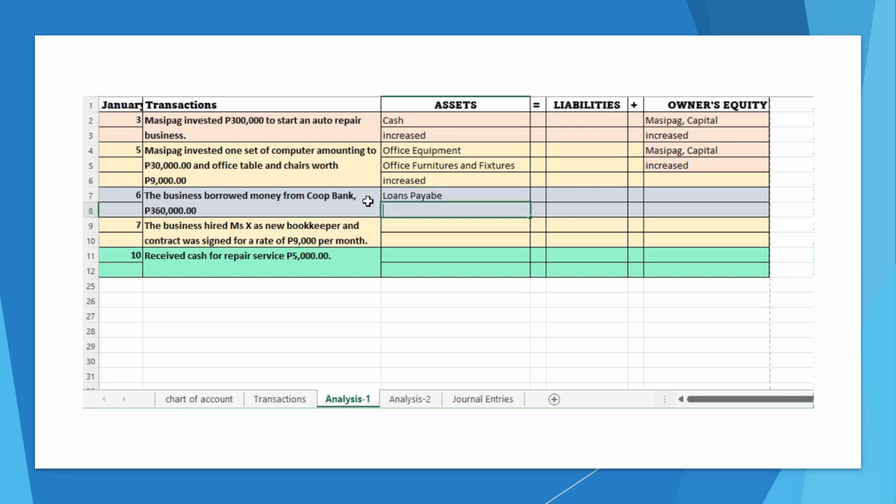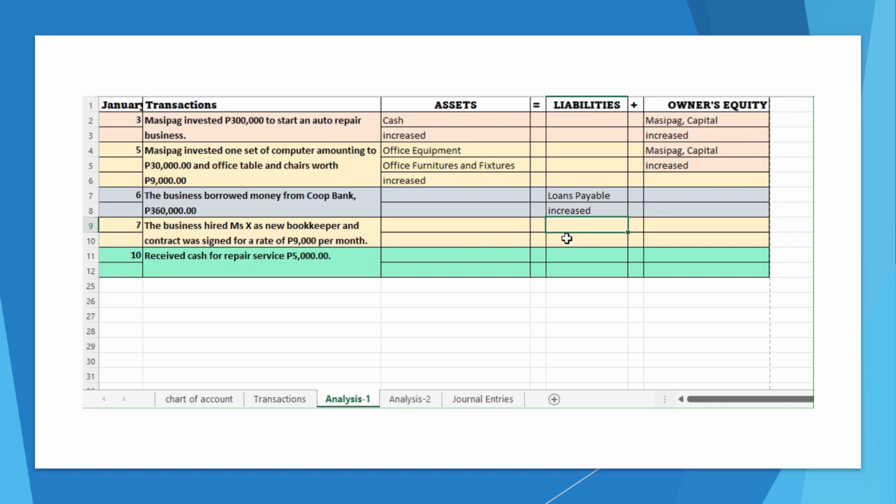So loans payable for this one. So loans payable and then increase because what? Loans was granted. Okay, to masipag.